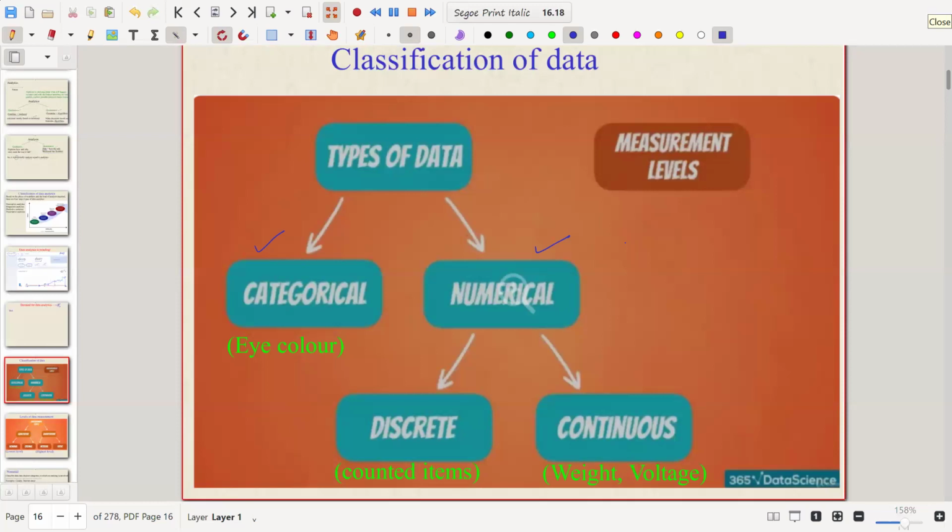For example, the scorecard of this class after the first formative exam of data analytics. All the person names will be there, and the second column will be which branch they are from: MSc Data Analytics and Computational Science, Computer Science with Data Analytics, Geoinformatics, Data Science and Bio AI.